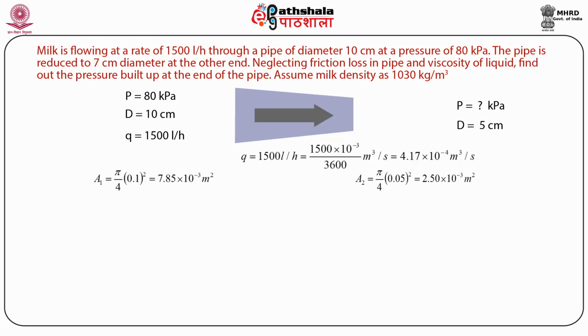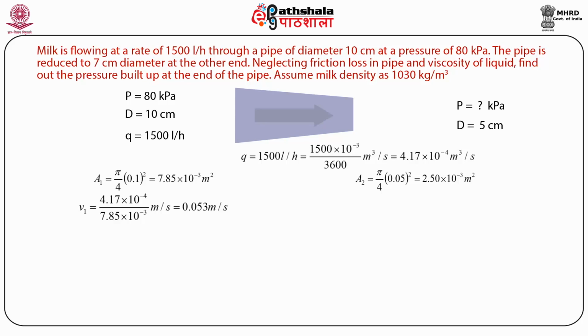You have the discharge and the area on the left hand side, so you can calculate the velocity on the left hand side. This can be calculated as V1 equal to 4.17 into 10 to the minus 4 meter cube per second divided by 7.85 into 10 to the minus 3 meter square.